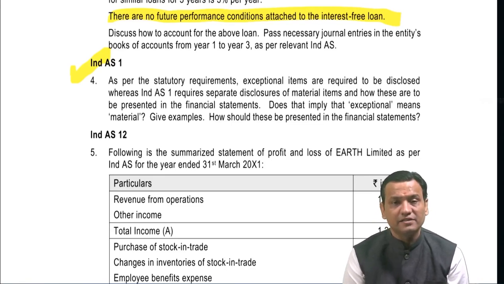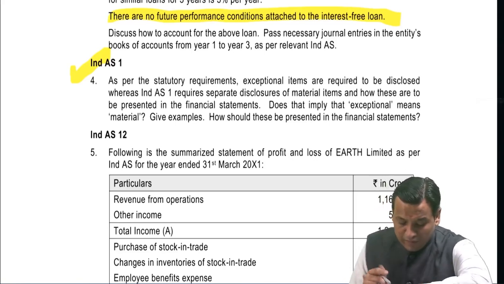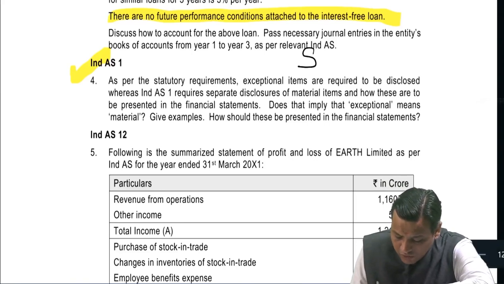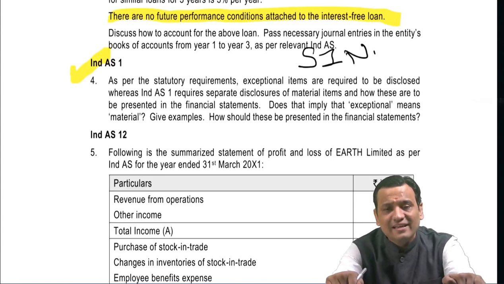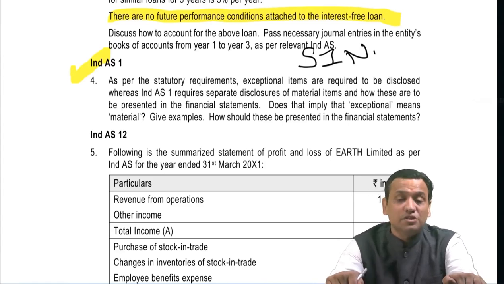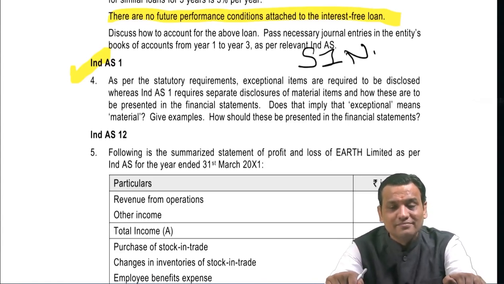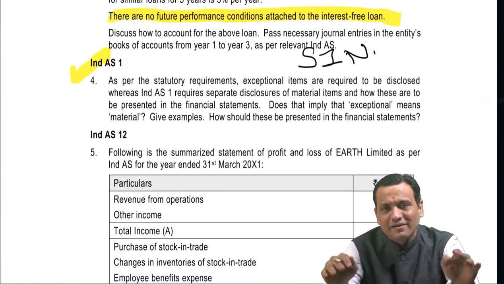Now my dear friends, if you look properly, what is an exceptional item has not been directly defined by Ind AS, but if you remember, I used to give you this word SIN: looking at the size, the incidence and nature of the item, obviously material.